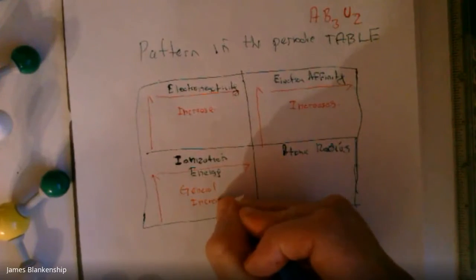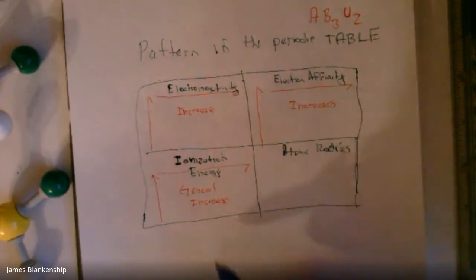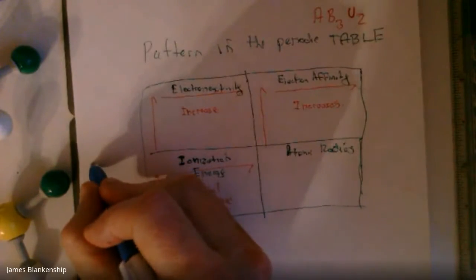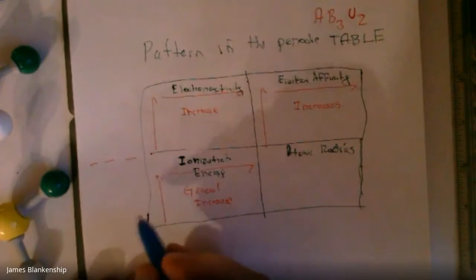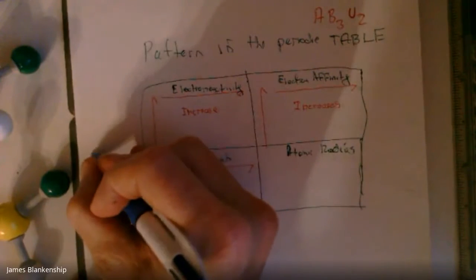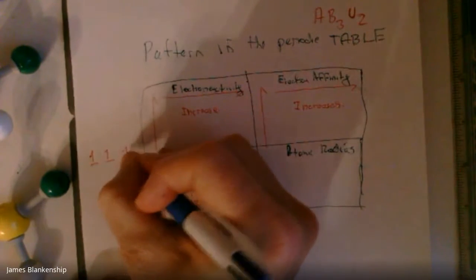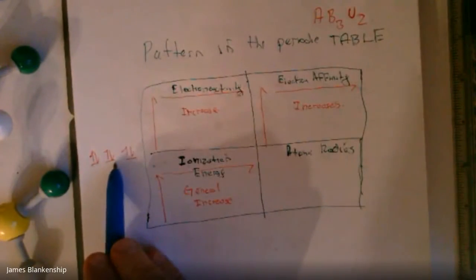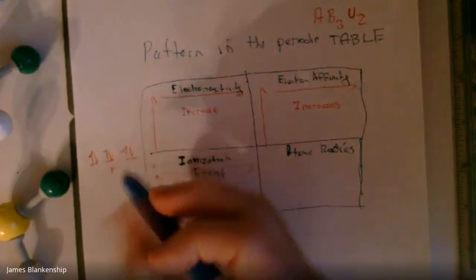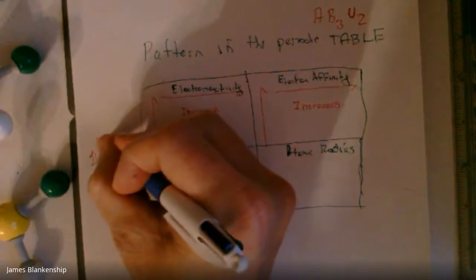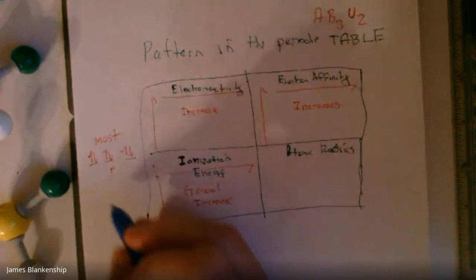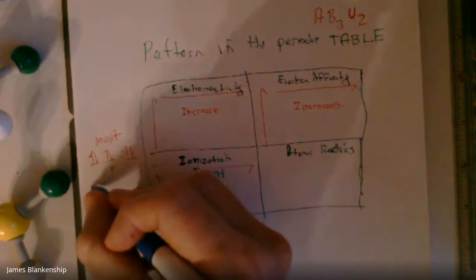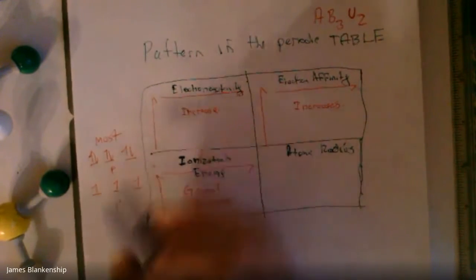I say generally increases because when we talked about our P's, we talked about P having 3 orbitals. Our most stable condition for a P would be for everyone to be completely filled. That's our most stable configuration for P. Our next most stable is half filled, just one in each one.